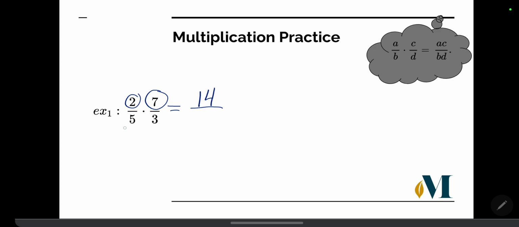And the product of our denominators, 5 and 3, that will give us 15. So 2/5 times 7/3 equals 14/15.